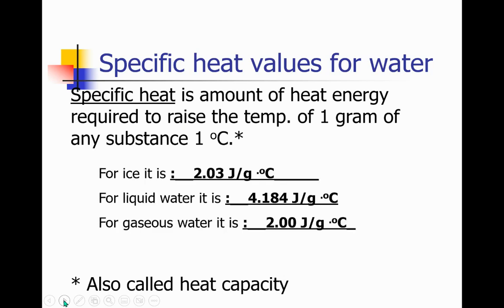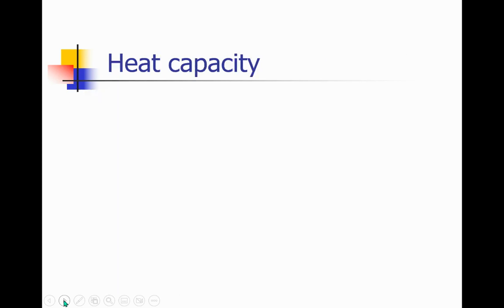These are values that are going to be given to you. You do not need to memorize them. But notice that ice and water vapor have lower specific heat capacities than liquid water. Liquid water is super happy. It holds a lot of heat. It is considered a good insulator.